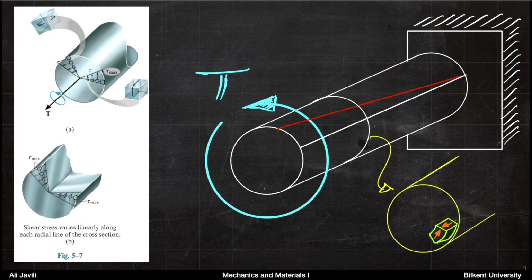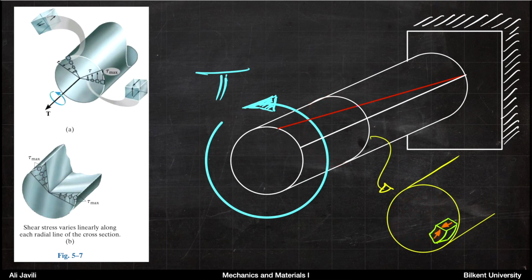Okay, the last topic we want to talk about in this lecture is about the distribution of the shear stress itself. And it's quite interesting because you may think that if we apply a torque on a certain cross section, so if you think of this cross section here, you would obviously imagine that there is a shear stress on the cross section itself, as we just showed before.